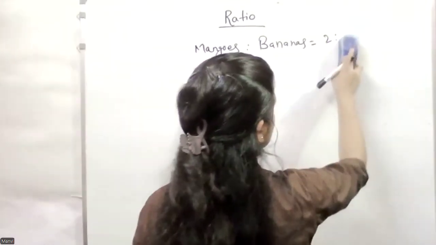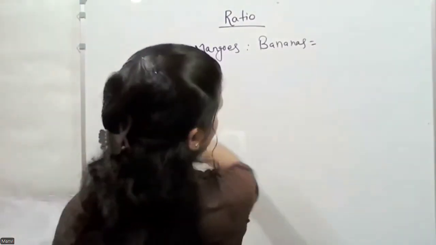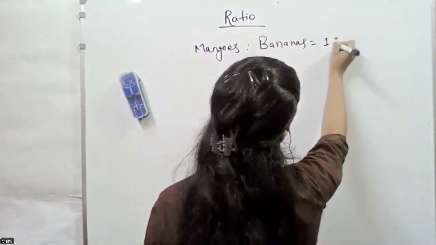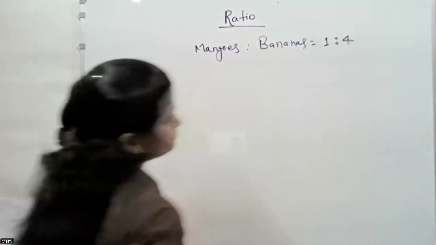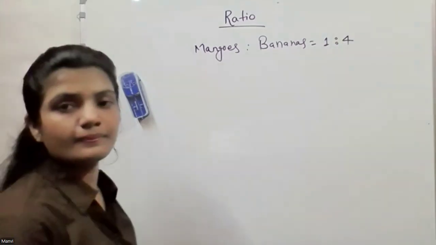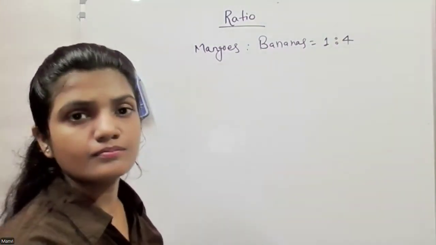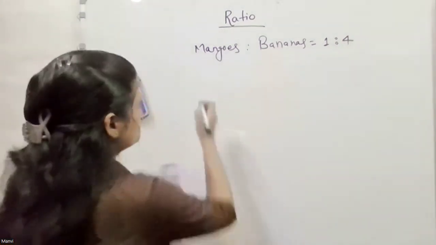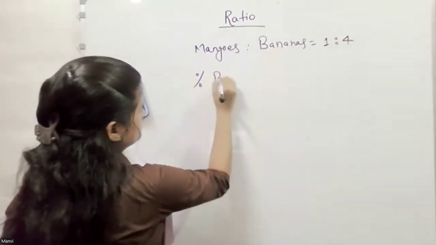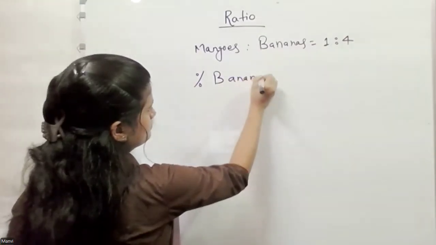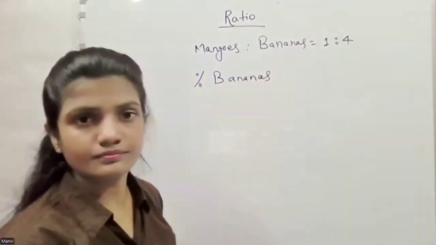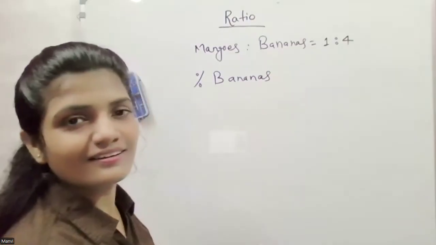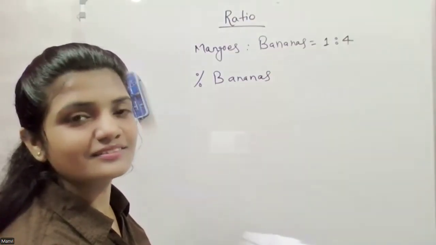Okay, so we can change this to something else, right? 1:4. Yeah, that's easy. Percentage of banana. You need to calculate the percentage of banana. It gets 80. How did you calculate this?